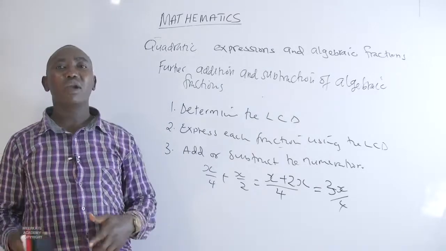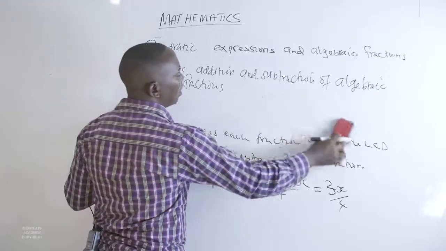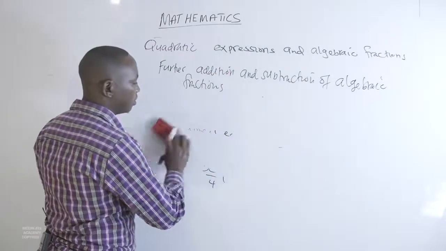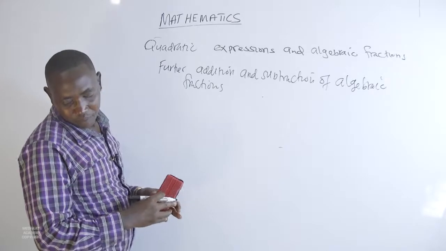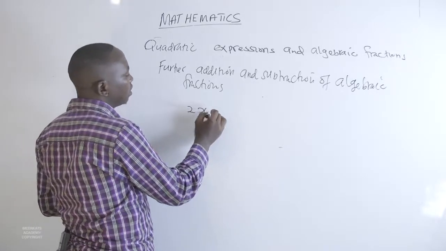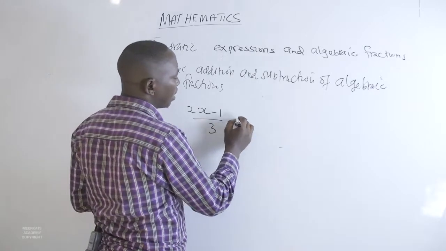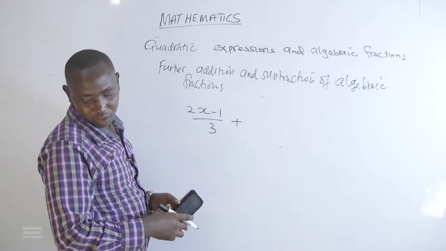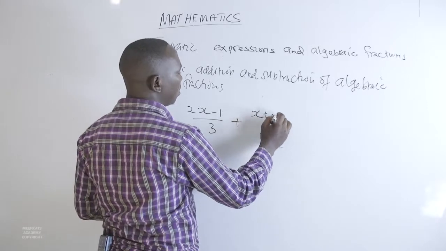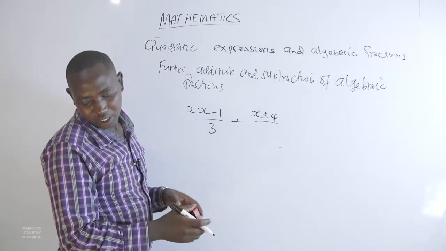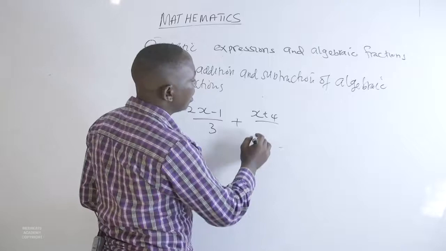But what about when we are given very complex algebraic fractions? Like 2x subtract 1 over 3 plus or minus x plus 4, all these divided by 4.